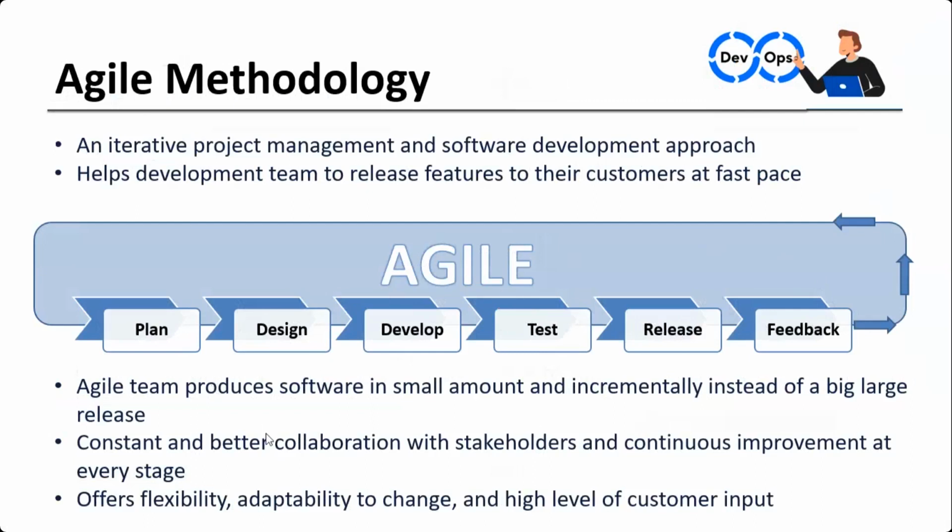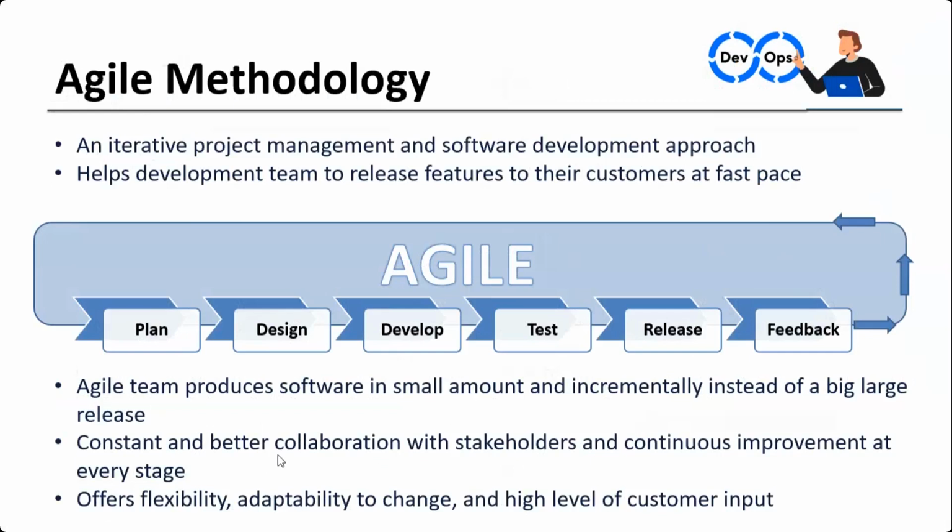So there are a few benefits of agile. Agile teams produce software in small, incremental amounts instead of a single large release, which allows for more frequent updates and improvements.